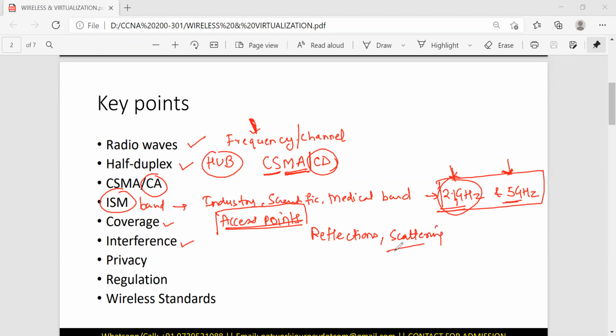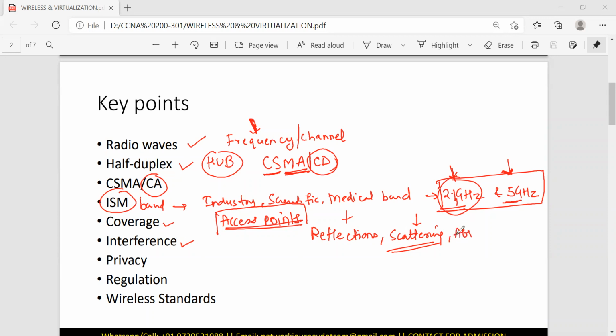These are phenomena which degrade your wireless signal strength, because when we are talking through the wireless medium, we need to ensure that the strength is enough that the information is delivered without error.